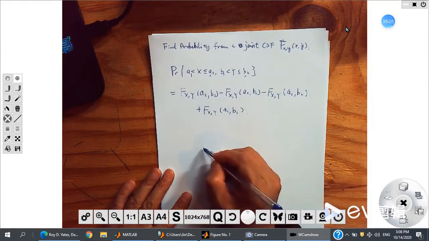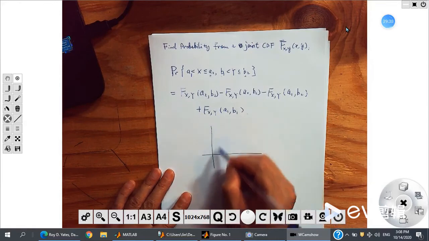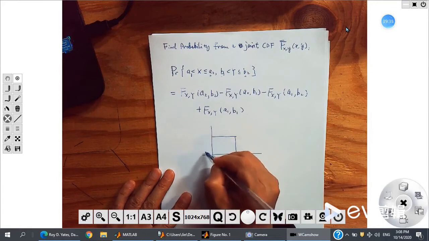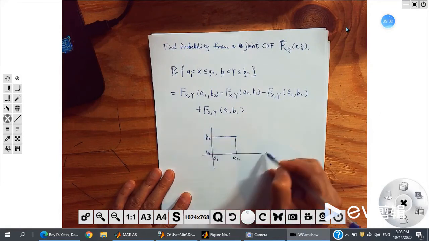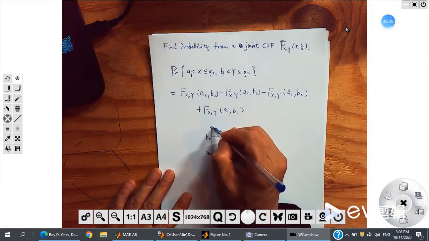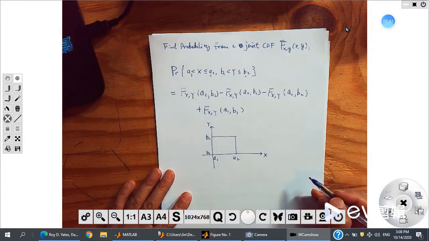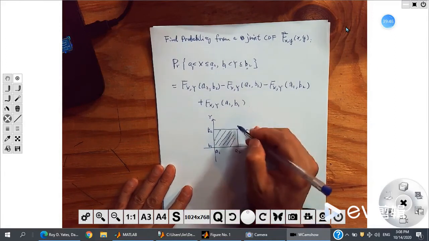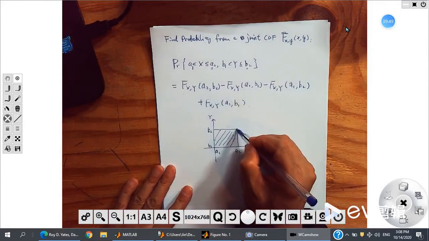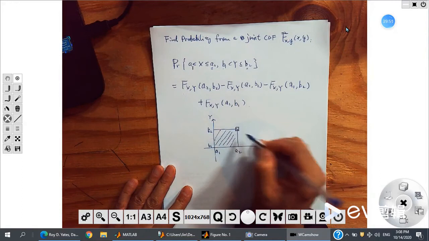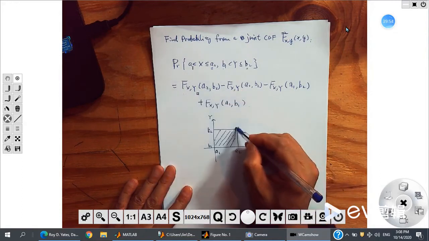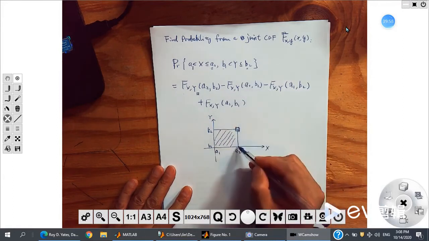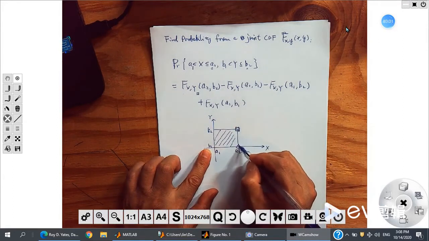We can use a graph to see. This is A1 to A2. This is B1 to B2. This side is X, this side is Y. Suppose the event is like this. Then you see, this one is here. I put a square here, this point. And A2, B1 is here.